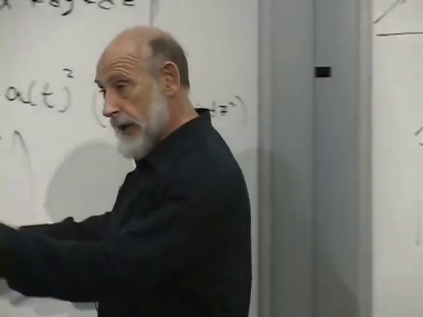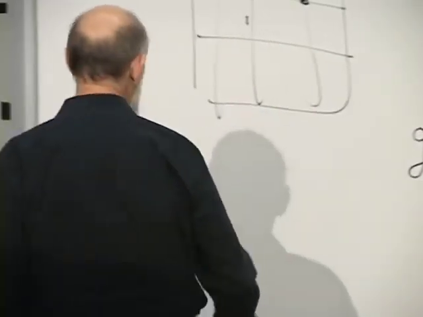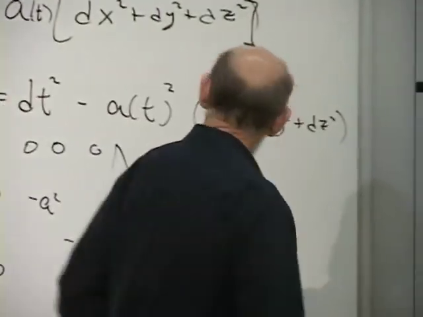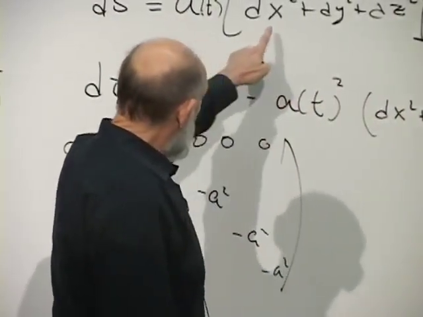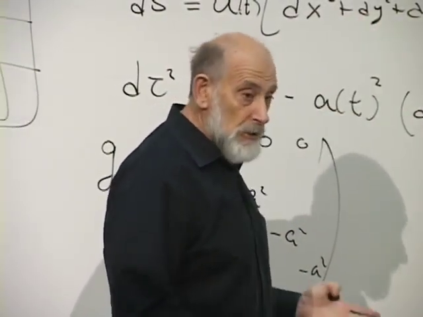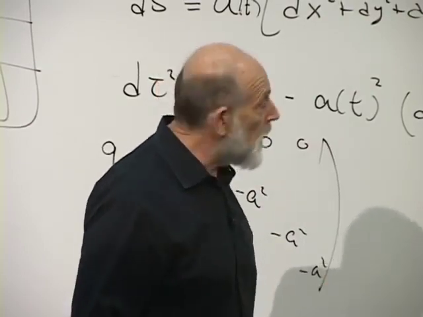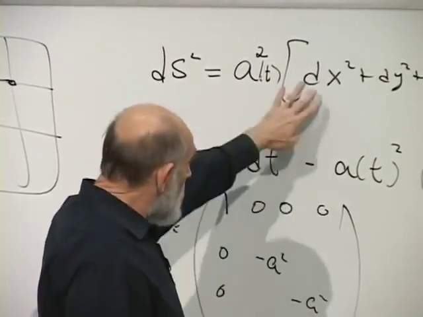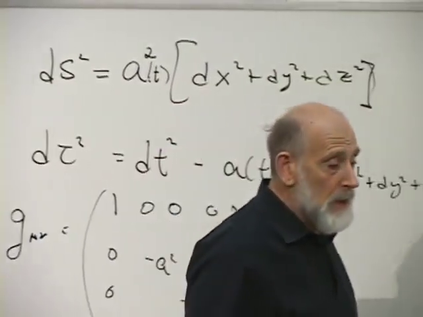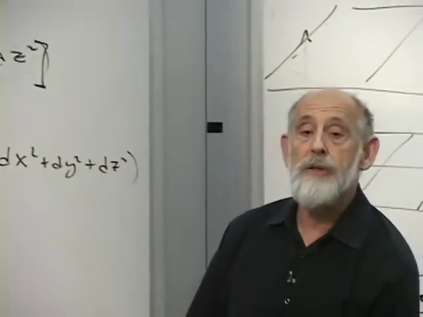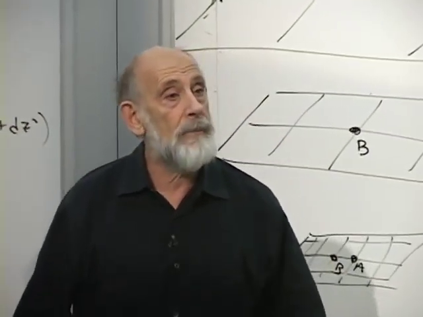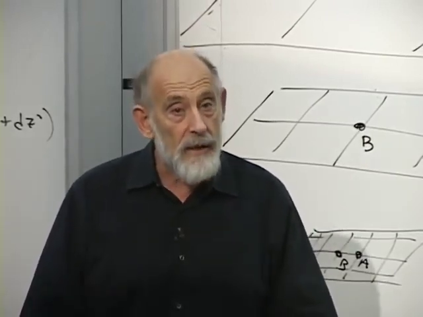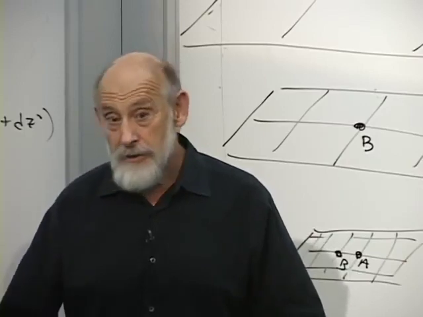For example, if I just rotate the coordinates, in other words, that just corresponds to rotating the direction of x and y and so forth, the form of this metric would not change, and that's because dx squared plus dy squared plus dz squared is invariant under rotation. On the other hand, if I tried to make a Lorentz transformation, the form of this metric would change. At every point in space, we're talking about a particular velocity, a reference frame with a particular velocity. And what is that velocity?